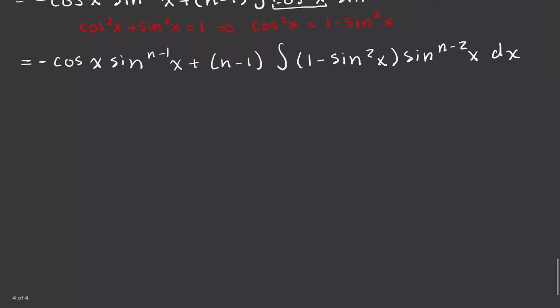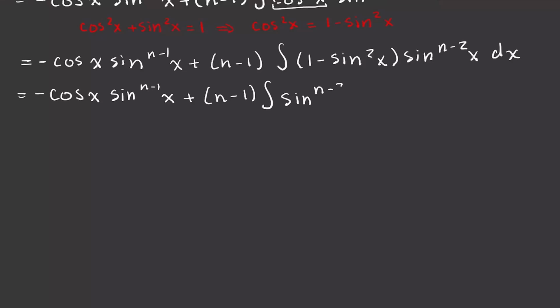So now right here, I am just going to use some algebra tricks to rewrite this. I'm going to distribute the sine n minus 2 inside, so that gives you sine n minus 2 of x minus sine squared of x sine n minus 2 of x dx.